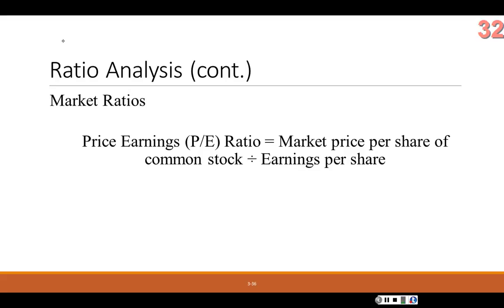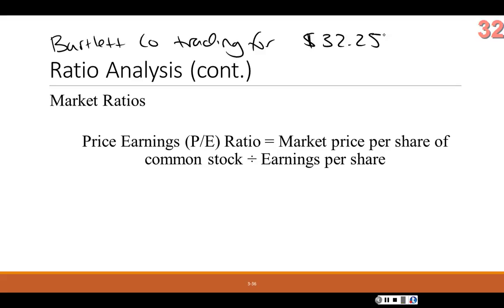So first you would need to know the market price of common stock. So Bartlett Company is trading for $32.25 at year end 2012. So we can use this to calculate our price earnings ratio.